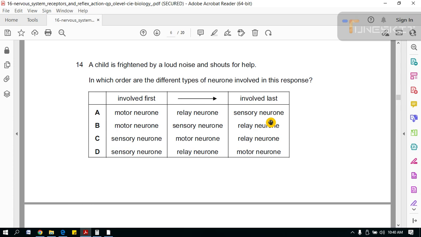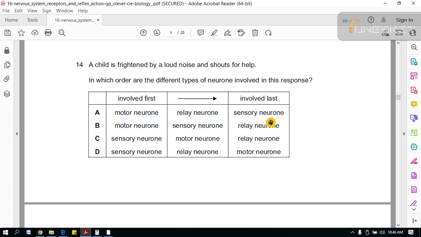A child is frightened by a loud noise and shouts for help. In which order are the different types of neuron involved in this response? Which one will be involved first? Definitely the sensory neuron, right? Which one is the second neuron?